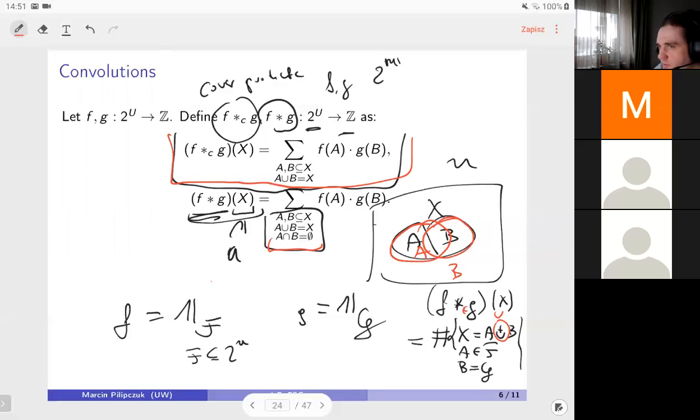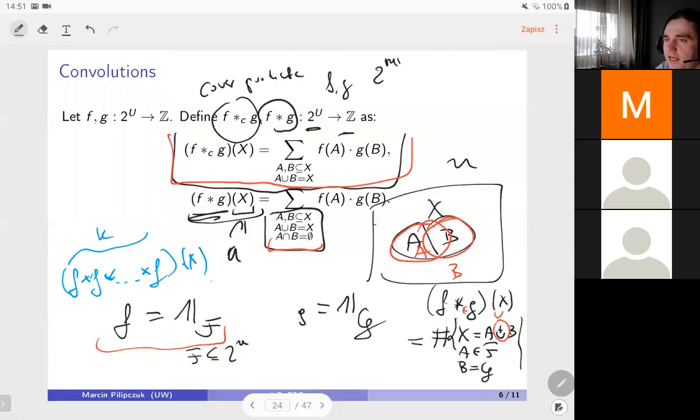They will be useful in a moment. We'll see how they're useful, but even from this example, it counts how many ways you can take tuples. For example, if you take f being an indicator, let me use blue color now, and you take the product of f with itself k times, then on set x, this is in how many ways you can partition x into an ordered tuple of k sets from this family.